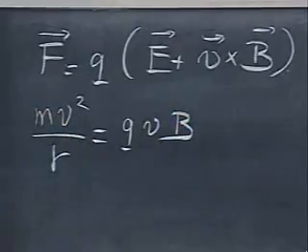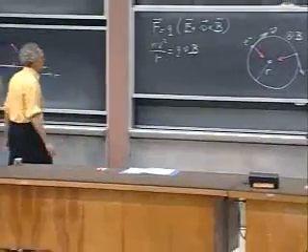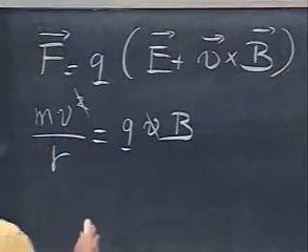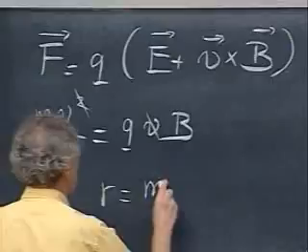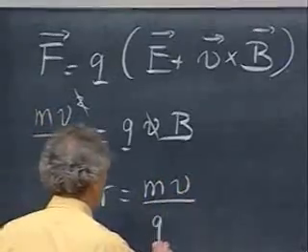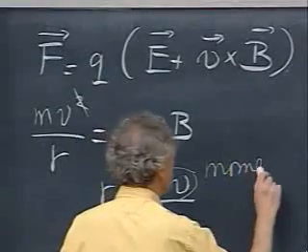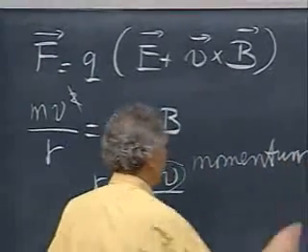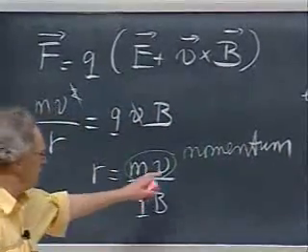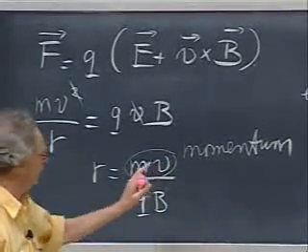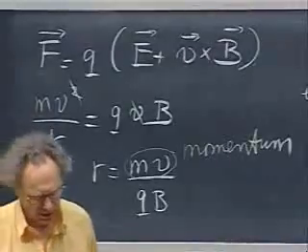This is the magnitude of the force. We already know the direction. And so one v goes, and so I get that the radius of that circle is mv divided by qB. This being the momentum of the electron. So v is the velocity of the electron, speed, q is the charge, B is the magnetic field, m is the mass of the electron.